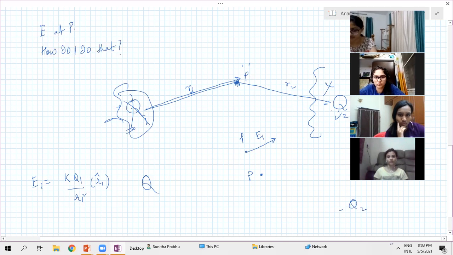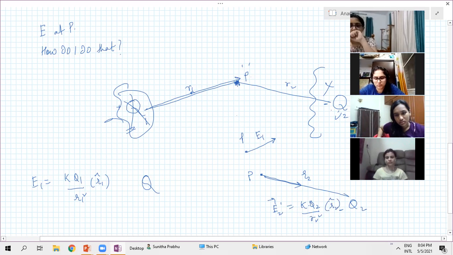That means the electric field will be in this direction. And what is the value of it? E2 is equal to K into Q2 divided by whatever this distance is. This distance, let's take it as R2. So we'll say R2 square. Which direction will this fellow act? It will act along R2, along this direction.